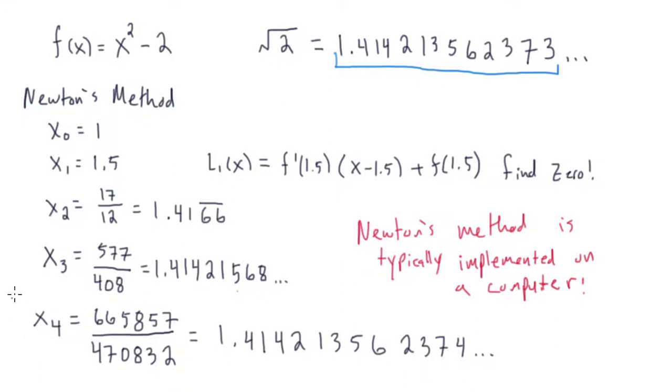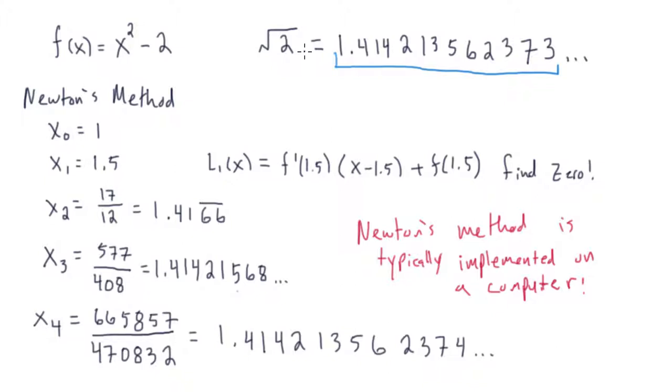So you see that just after 4 steps of doing this very simple process of taking a point, linearizing the function there, finding the 0, taking that point, linearizing the function there, taking the 0, doing that 4 times, we have pretty much the most accurate approximation to the square root of 2 that you will ever need. And so this hopefully gives you an appreciation for how calculators work.